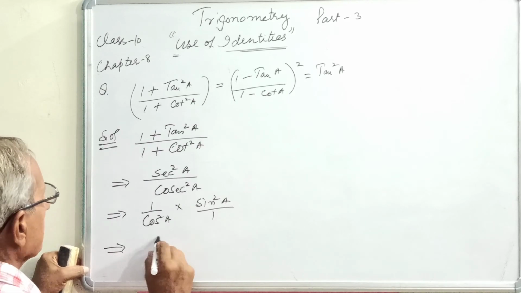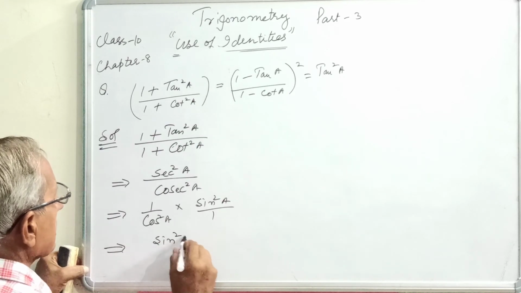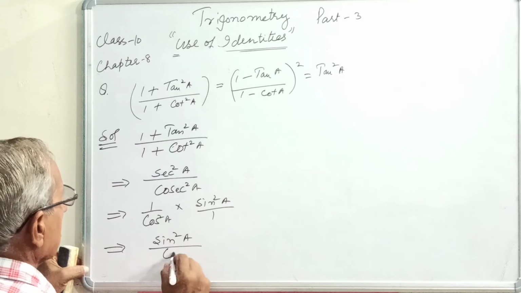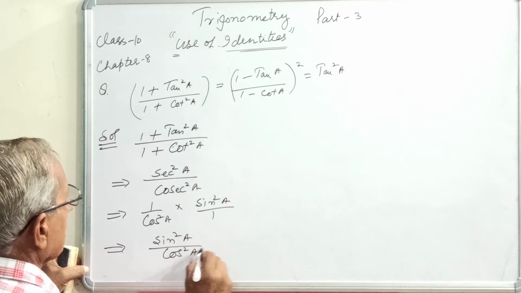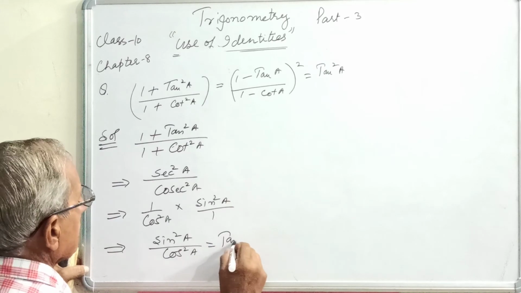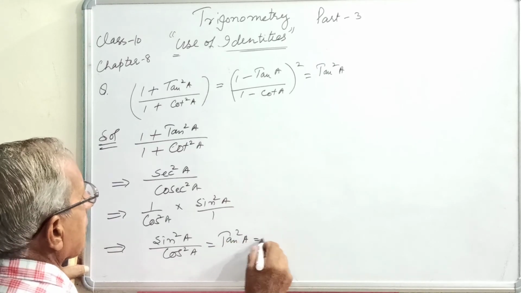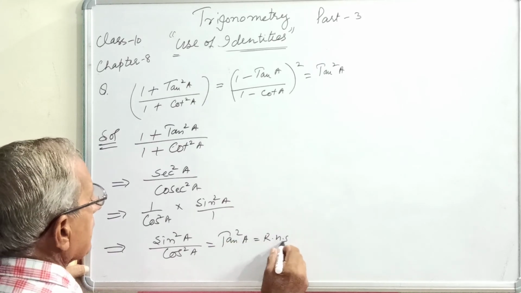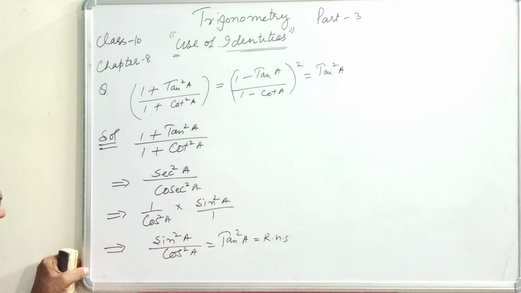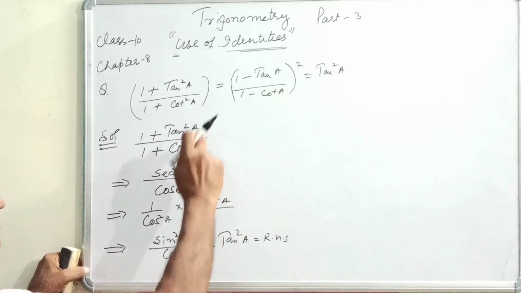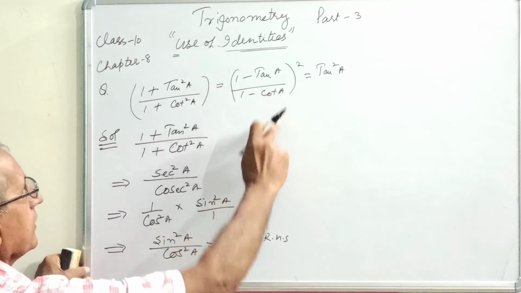It has become sin square A upon cos square A, that is tangent square A, equal to right hand side. That was to be proved. So we have taken one part. Now we take the second part.